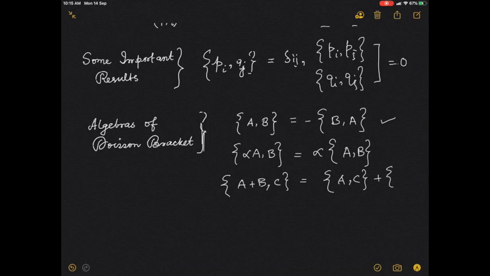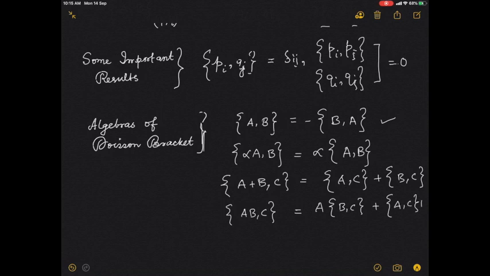So the Poisson bracket of A plus B with C, I can just take the Poisson bracket of A and B separately with C and add them up. And if you have multiplication, that also works just like the chain rule. Now I'll write A this side, B C, and so this is just like normal multiplication and derivative of multiplication, the normal chain rule.